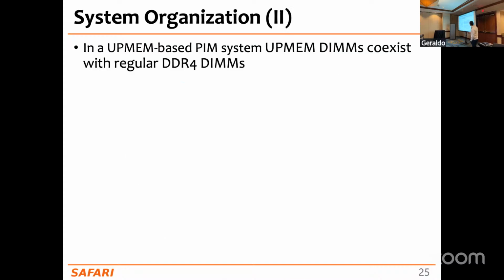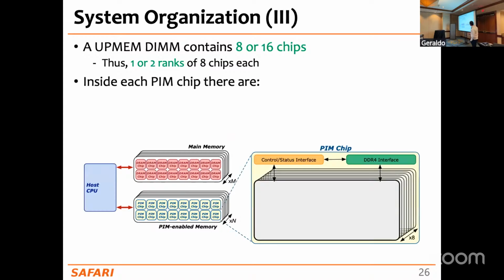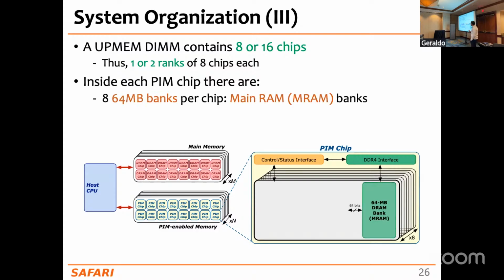This is just another view of the same picture. Here we have your host CPU, your host DRAM memory, and your PIM-enabled memory with the processing memory chips embedded in it. Inside those chips, we have either 8 or 16 different DRAM chips, depending on whether you have a 1-rank or 2-rank configuration. Inside each chip, you have a 64 megabyte DRAM bank per chip called main RAM, or MRAM.